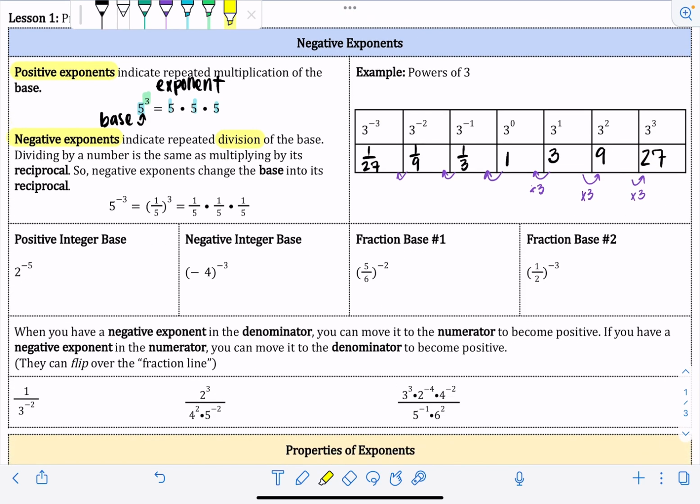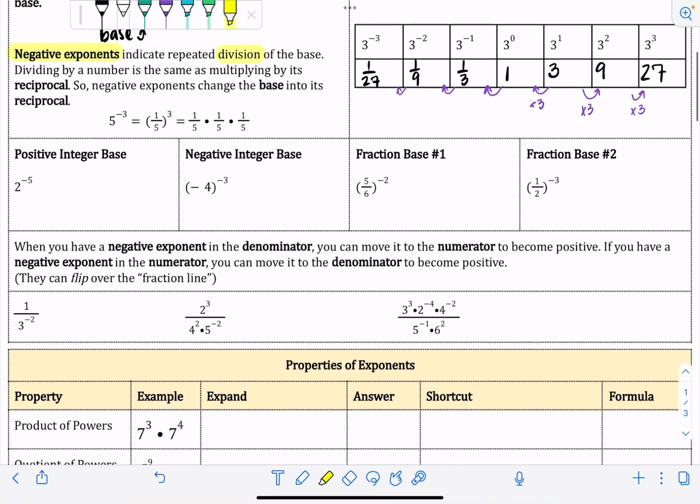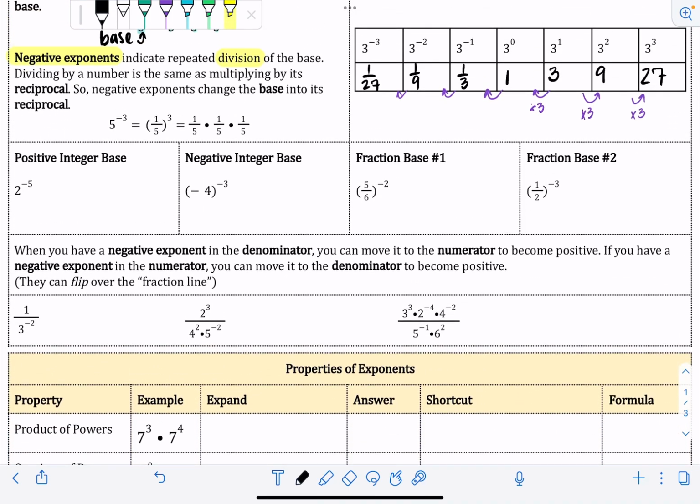So here are a couple different types of examples. When we have a positive integer base, one thing you can do is think of it as a fraction. And we know that negative exponents make the base turn into its reciprocal. So instead of 2/1, I'm going to think of it as 1/2.